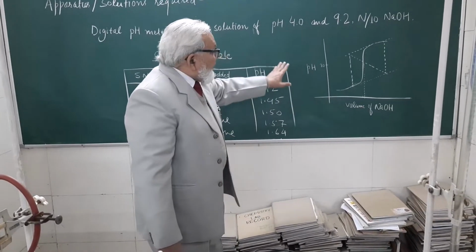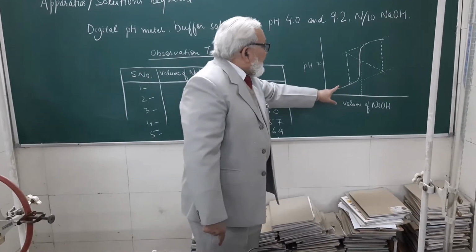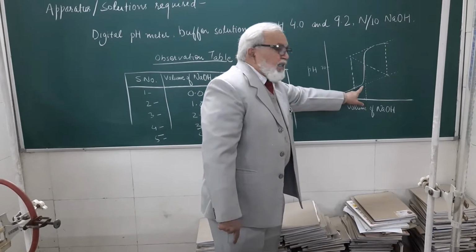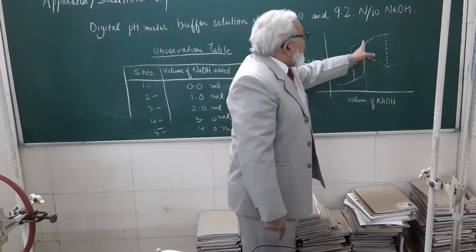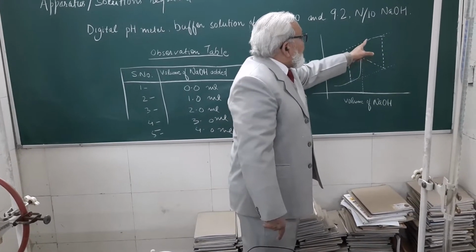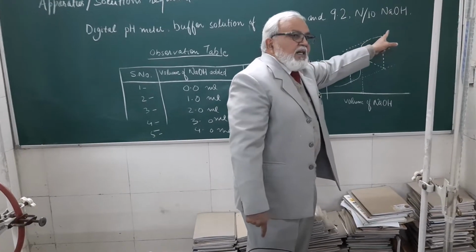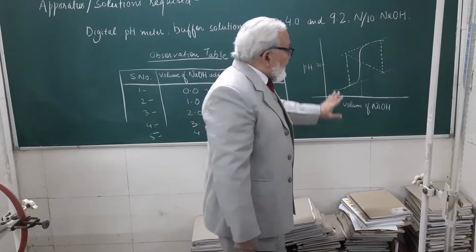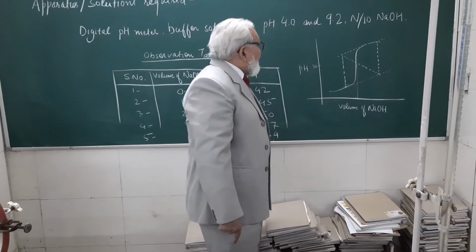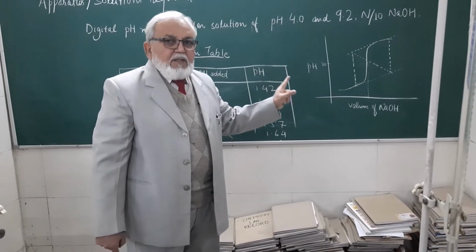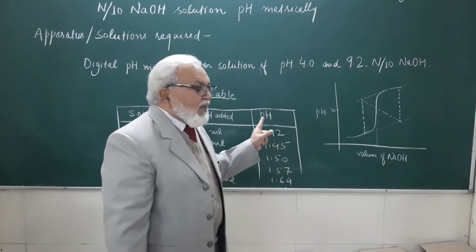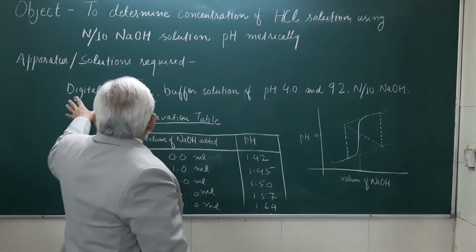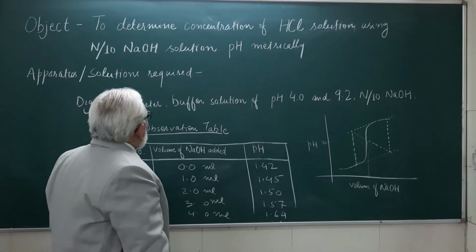The curve will be of this type. You can see that initially the pH is rising slowly, nearing the end point it rises sharply, and reaching the basic medium it again rises slowly. So this will be the type of curve in this titration, where we are determining the concentration of this HCl solution.